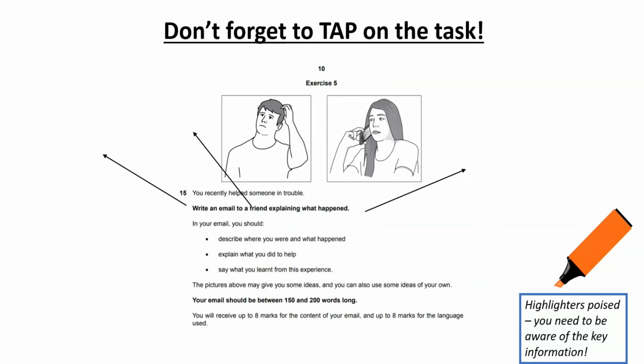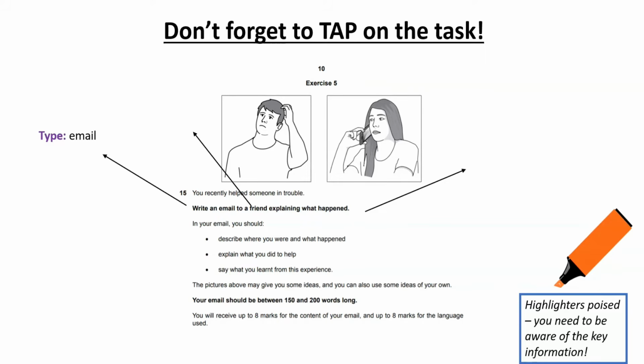The pictures may give you some ideas, and you can also use some ideas of your own. Your email should be between 150 and 200 words long. You will receive up to 8 marks for the content of your email and up to 8 marks for the language used. Have your highlighters poised as always and highlight the key bits of information.